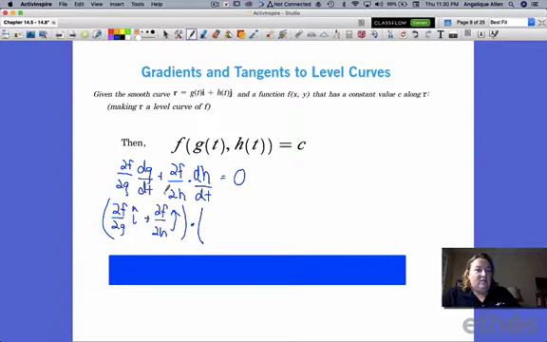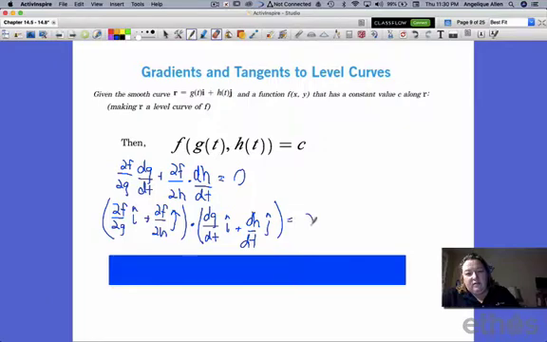And then the vector of the single derivatives is dg/dt i, and dh/dt j, and that equals 0.